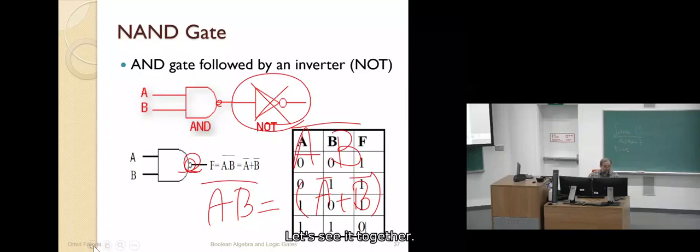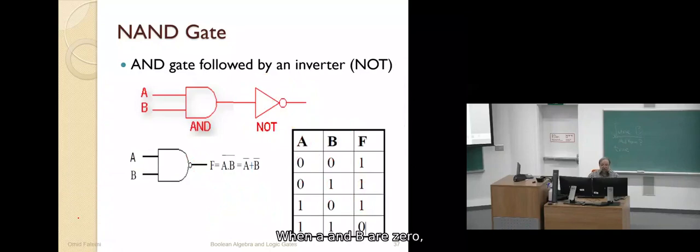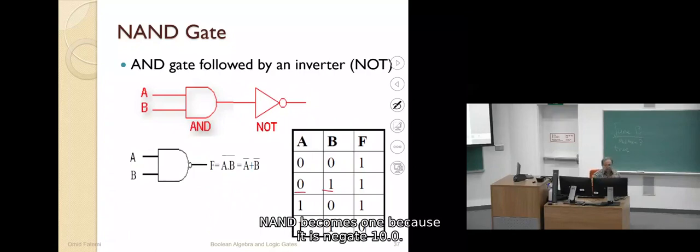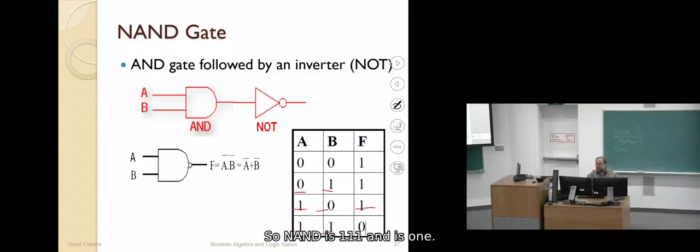Let's see it together. When A and B are 0, the result of AND is 0, so the result of NAND is 1. Again, when A is 0 and B is 1, AND becomes 0, NAND becomes 1 because it is negated. 1, 0: AND is 0, so NAND is 1. 1, 1: AND is 1, but NAND is 0.